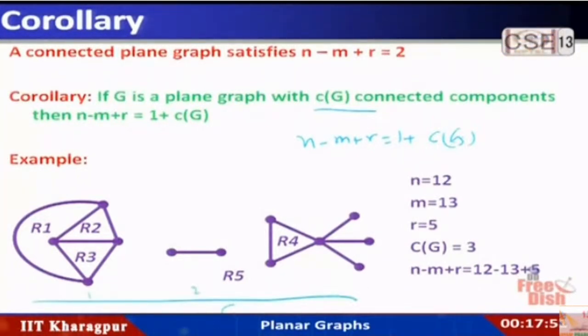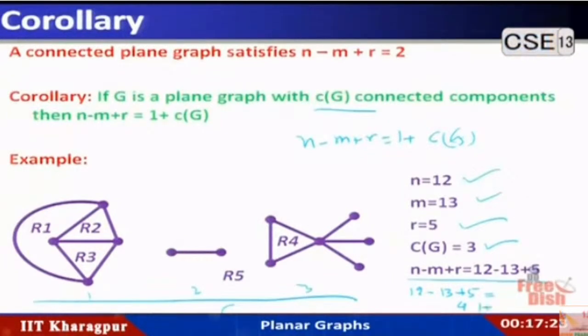This graph has 1, 2, 3, 4, 5 different regions. It has 12 nodes and 13 edges. If we plug into this formula, 12 minus 13 plus 5, that becomes 4.